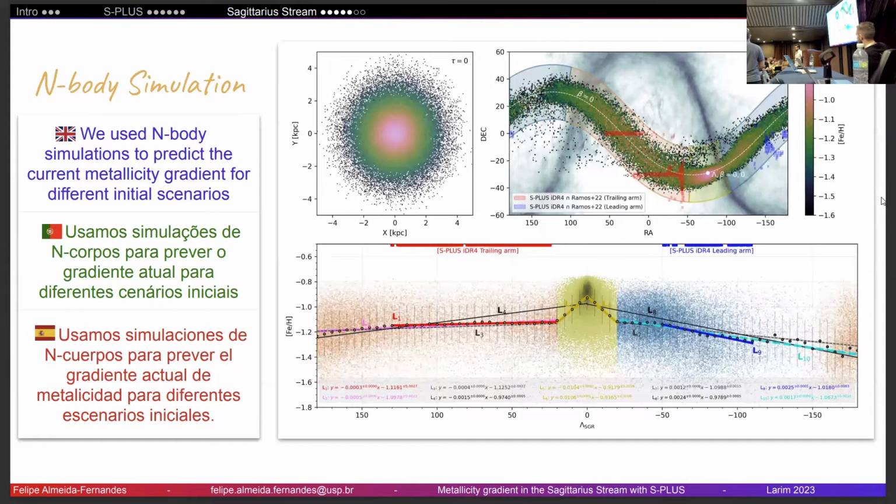So it might be that the leading arm is already stretched out, while the trailing arm is still on the way to get past pericenter and get stretched out again. And once the whole thing gets back to apocenter, they come together. I think this probably explains why we see a different gradient in each arm. So yeah.